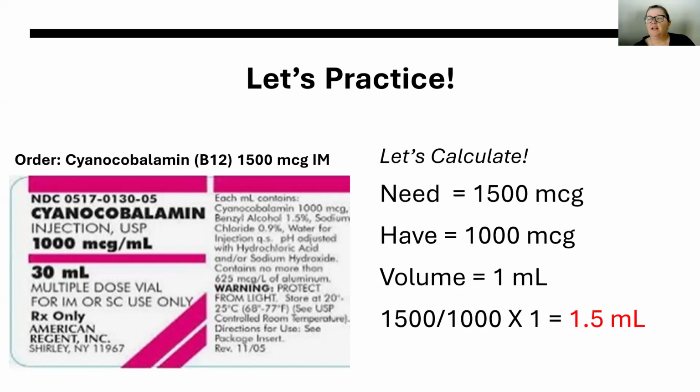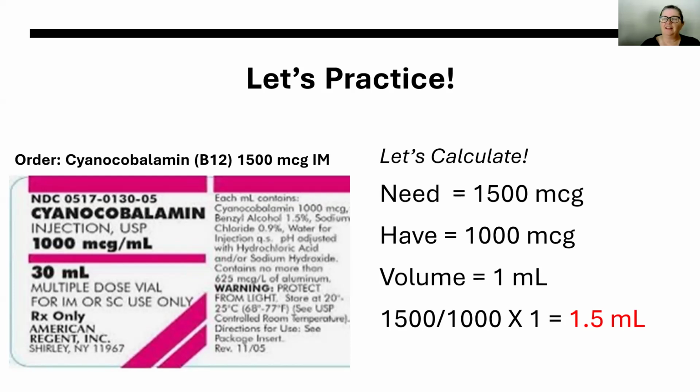Because let's face it, micrograms, milligrams, those are a weight. If you were to look at a weight in a medication, it's a solid. These are liquids, and liquid we know is volume.